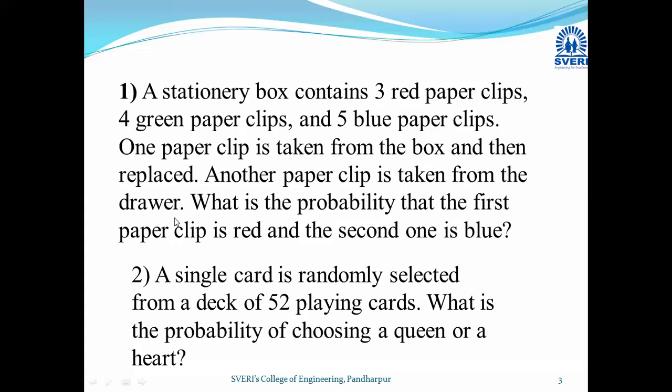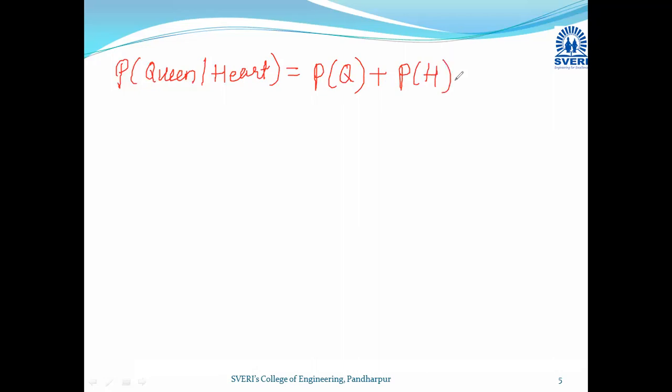So here we are using the addition theorem. So P of queen or heart is equal to probability of queen plus probability of heart minus probability of queen of heart.